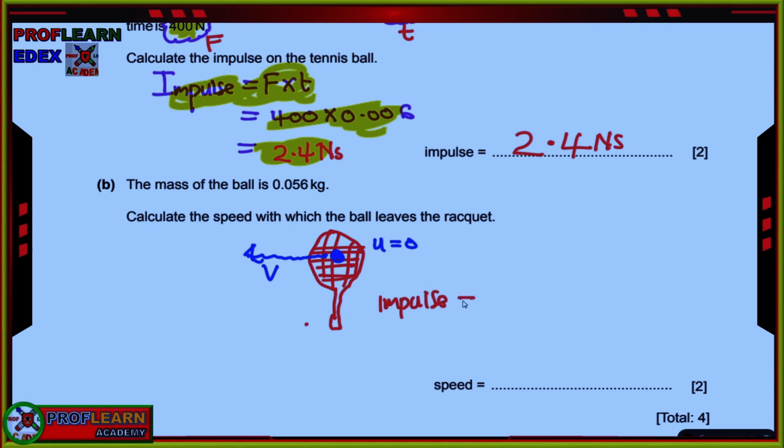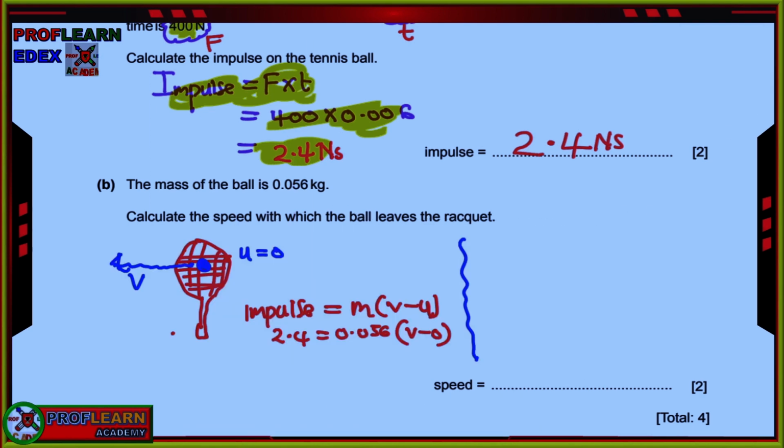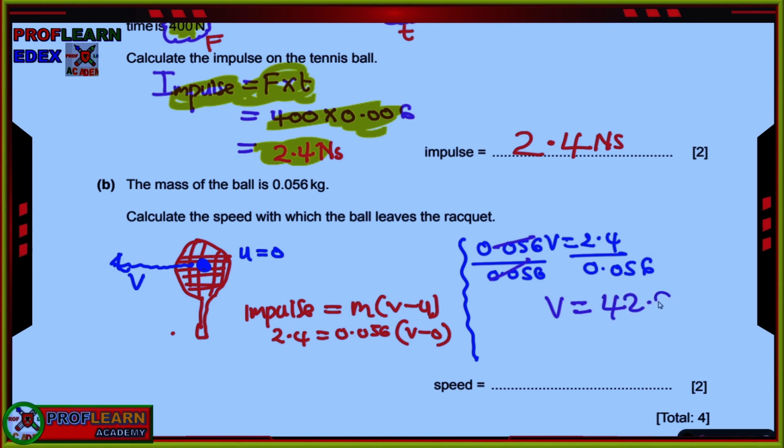Remember initial is 0, so we can make v the subject and divide by 0.056 both sides. Our answer becomes 42.9 meters per second, which is approximately 43 meters per second in two significant figures.